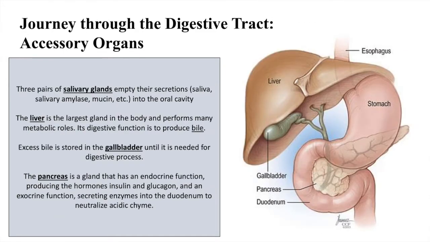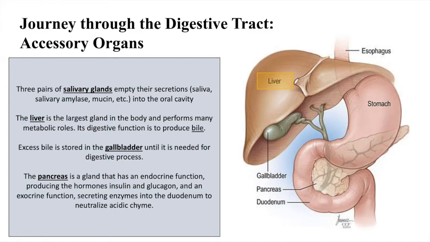The accessory organs of the digestive system are not a part of the alimentary canal, but assist with digestion by secreting and storing important substances such as digestive enzymes and bile, an important lipid emulsifier. 3 pairs of salivary glands empty their secretions into the oral cavity. The liver is the largest gland in the body and performs many metabolic roles.